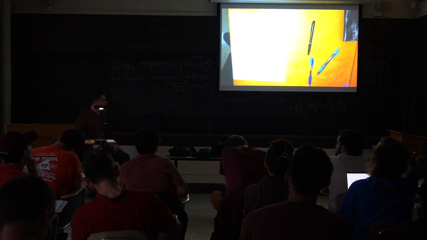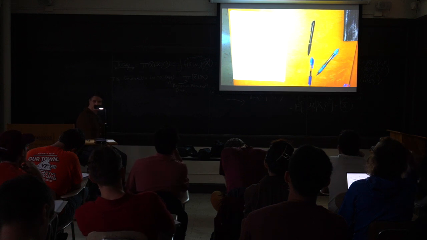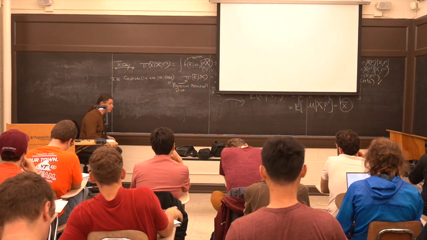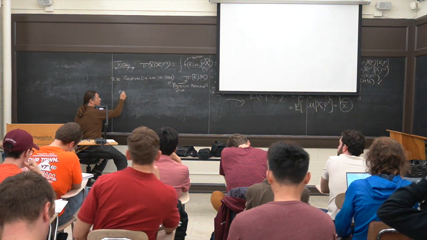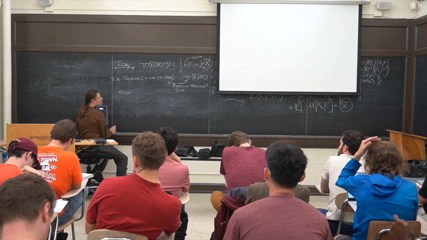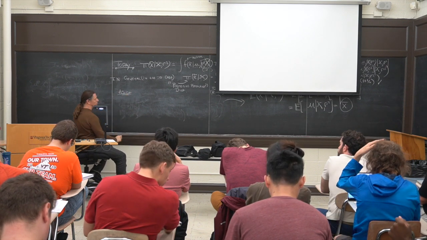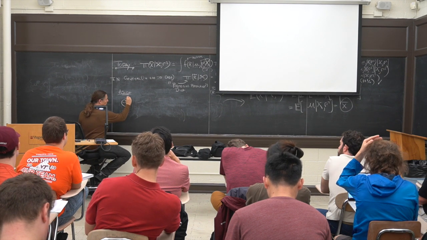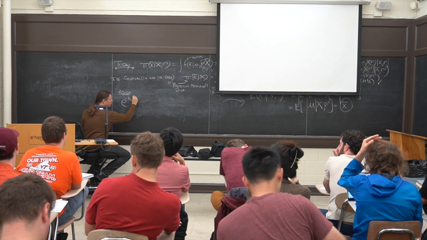I want to back out just for a second. Lights, please. And I want to just remind us what a normal distribution looks like. So this is just an aside. If I have a normal distribution, I think of the kernel as looking like this.